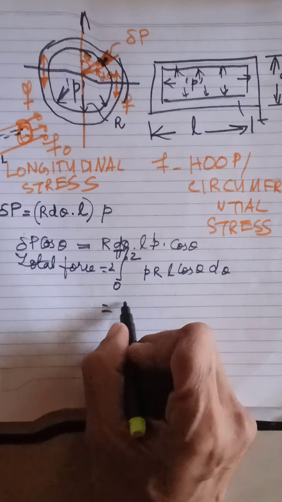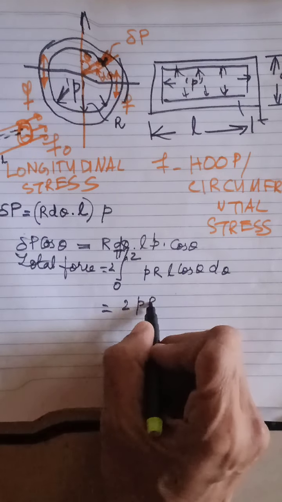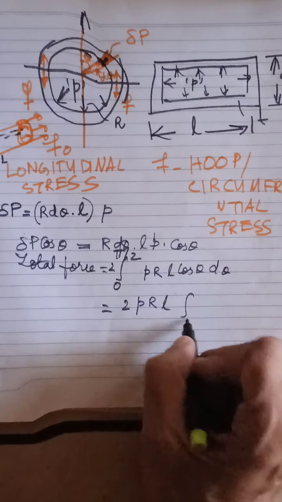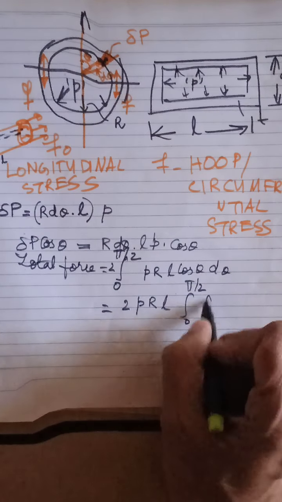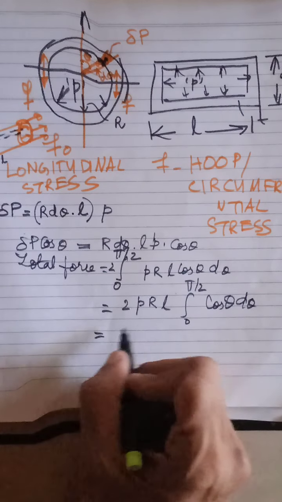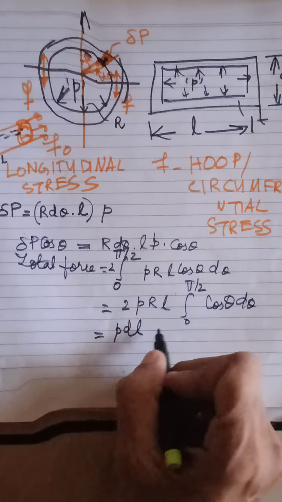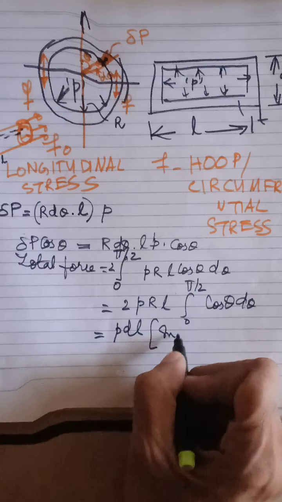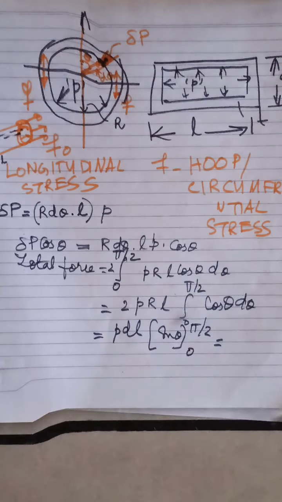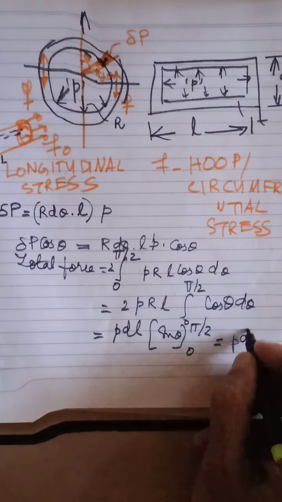You can take the constants out: 2 p r L, since pressure, radius and length are constant. So the integral from 0 to pi by 2 of cos theta d theta. 2 p r L is nothing but p D L. The integration of cos theta is sin theta, so you evaluate from 0 to pi by 2. Sin pi by 2 is 1. So you have the equation as p D L.